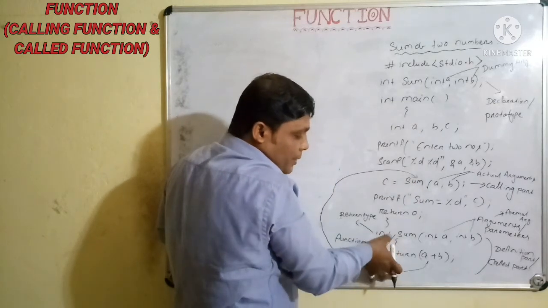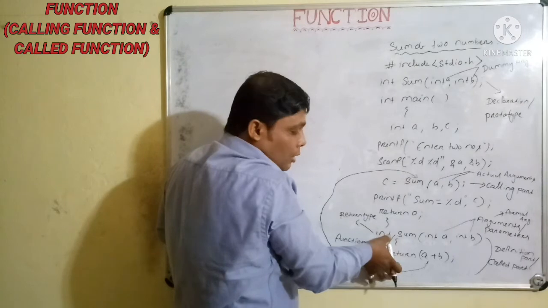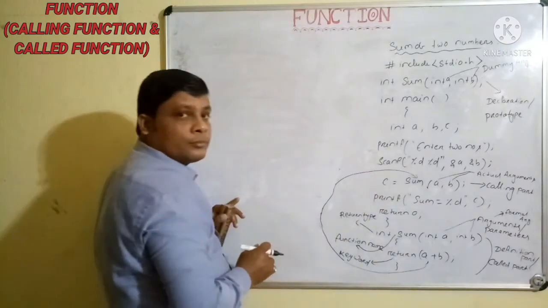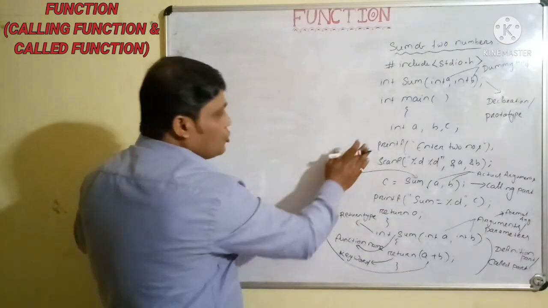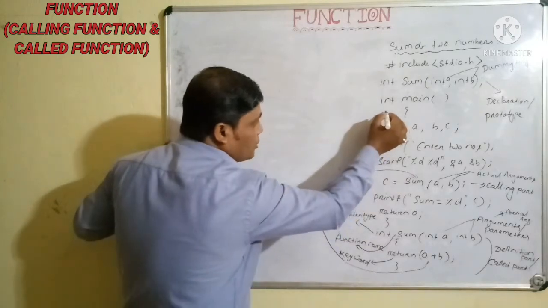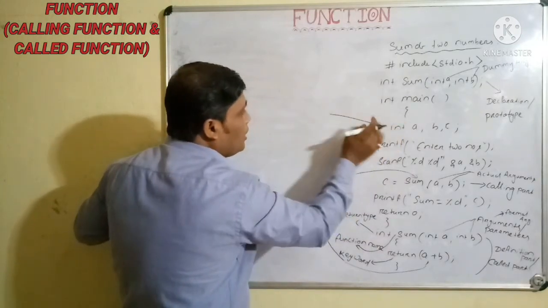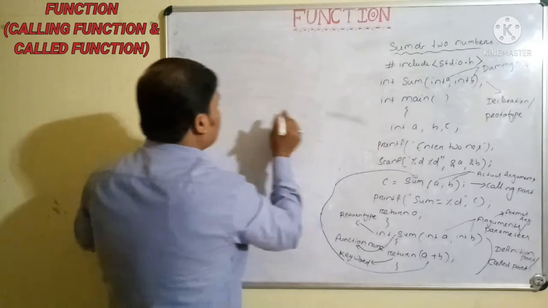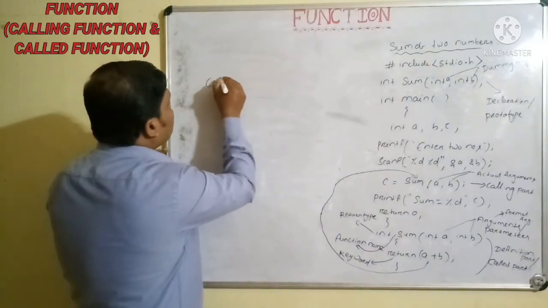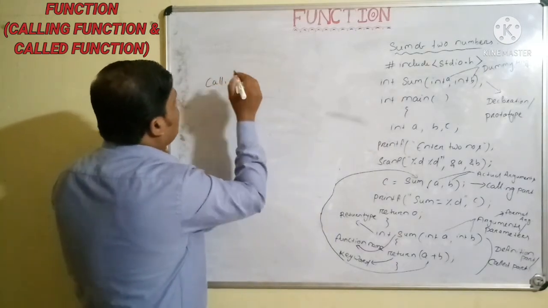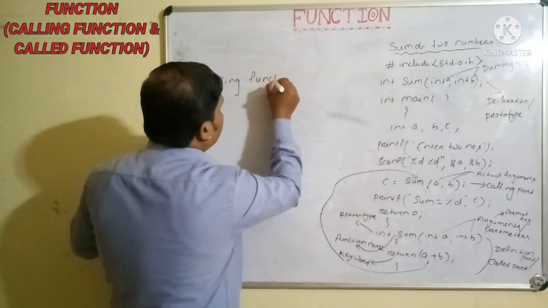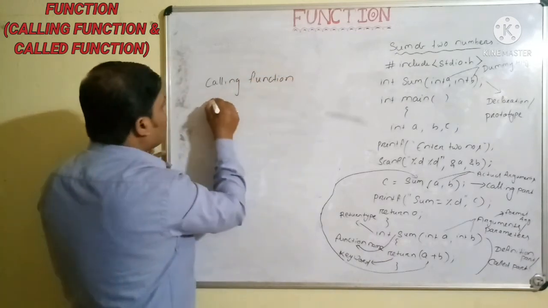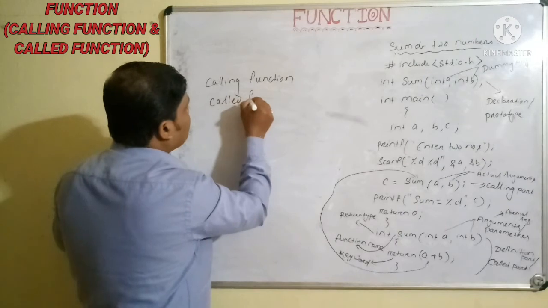Clear? And this is the definition part of this sum function. Clear? So there are two types: one is the calling function, another one is the called function.